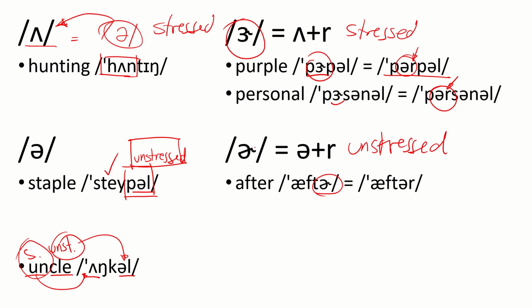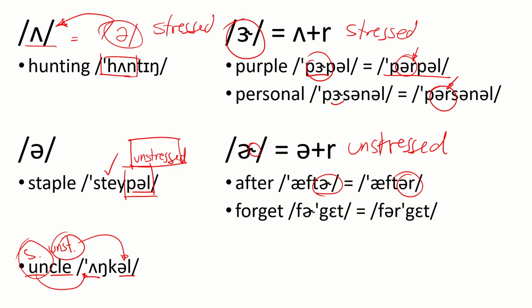And it's supposed to symbolize an R. So that's how you would write after, and that's how you would find it in some dictionaries, the traditional IPA. But Peter Avery and Susan Ehrlich have decided to keep using the schwa R, and a lot of other authors as well. So it doesn't really matter what you use.